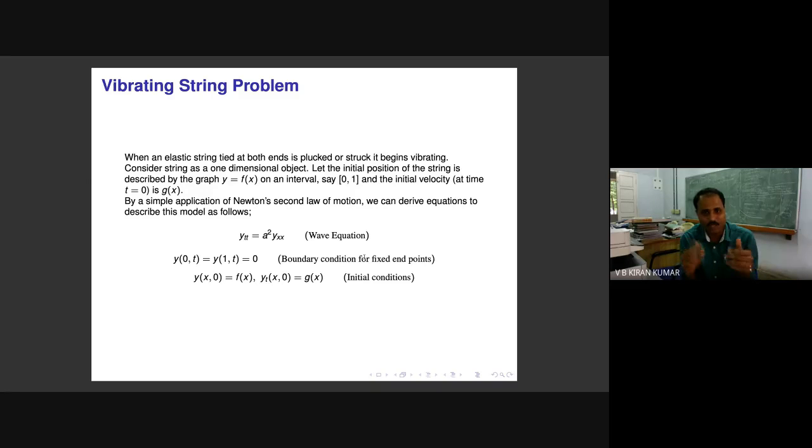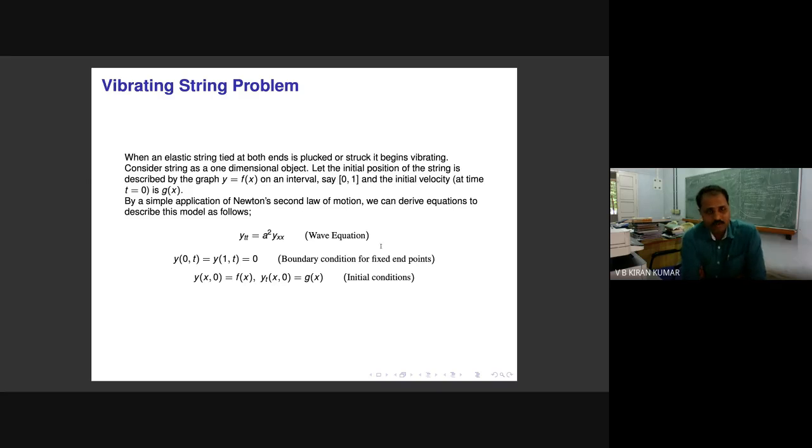We can also consider other cases where only one endpoint is fixed and the other is allowed to vibrate, and so on. In this case, with both ends fixed, y(0,t) and y(1,t) are 0. The initial position is known to us, given by f(x), and the initial velocity is assumed to be g(x). So this is our problem.